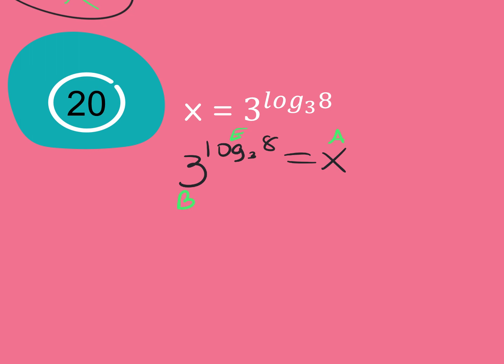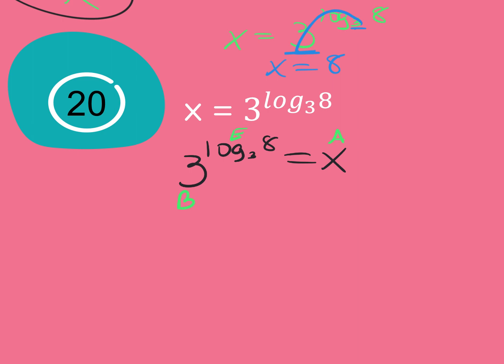Now we could do this. What you could do is if you recognize that this base, let me write it up here, x equals, so again, whenever the base of the exponent and the base of the log are the same, this cancels, and you're going to be left with x equals 8.